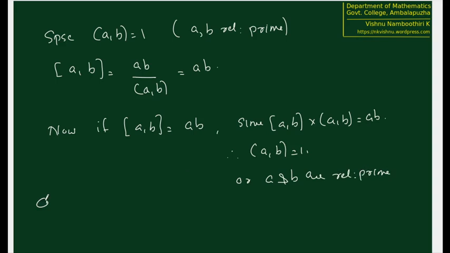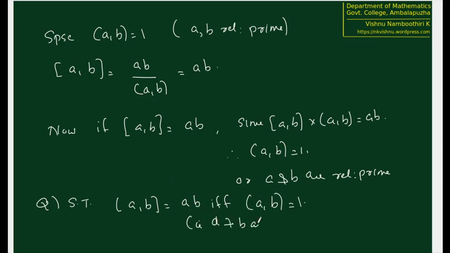So the question is the following: show that LCM of two numbers A and B, where A and B are positive, is equal to the product of the two numbers if and only if they are relatively prime, or pairwise coprime to each other.